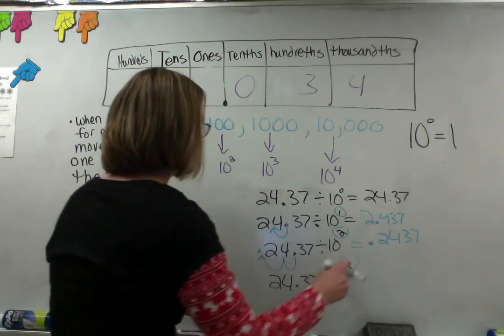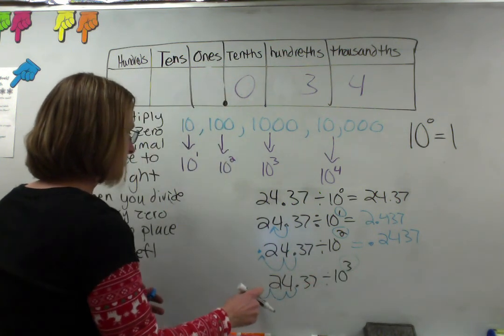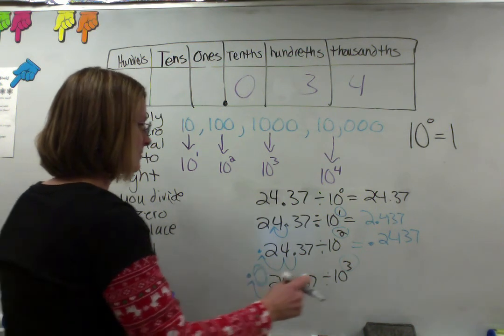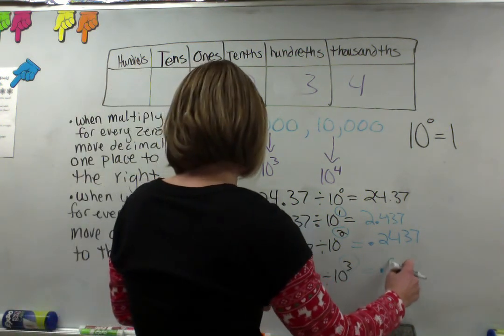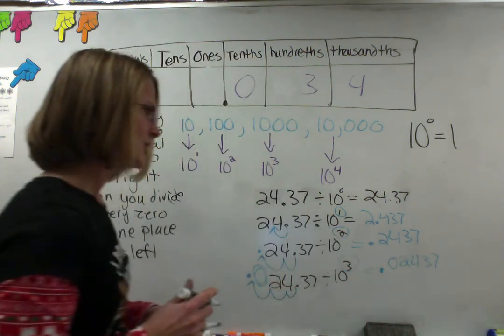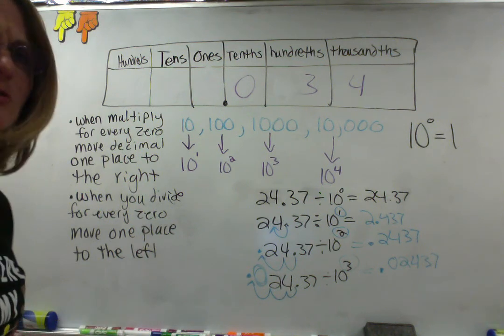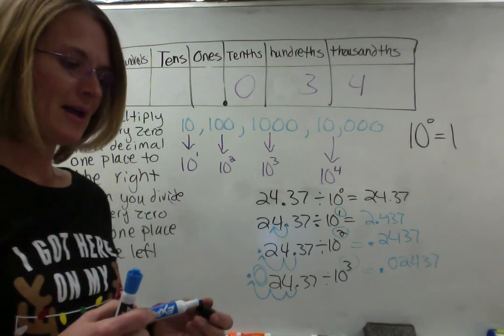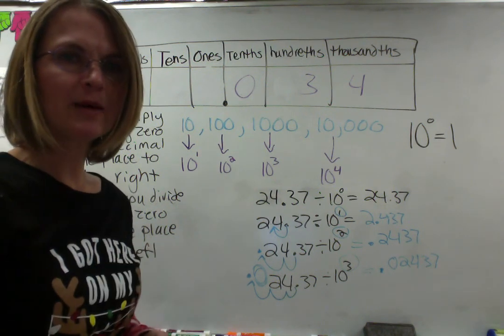We have 3 zeros. So I'm going to go 1, 2, 3, move it 3 places. I need to put a placeholder in that empty place. And my answer is going to be 0.02437, which is actually 2,437 hundred thousandths, which would be super, super tiny. Okay? So these are the patterns that you'll find when you're multiplying by powers of 10.